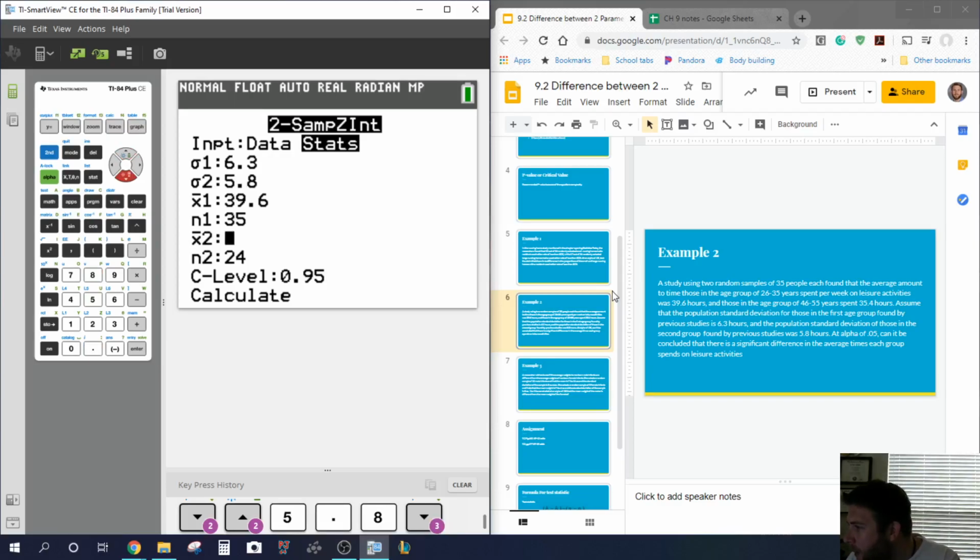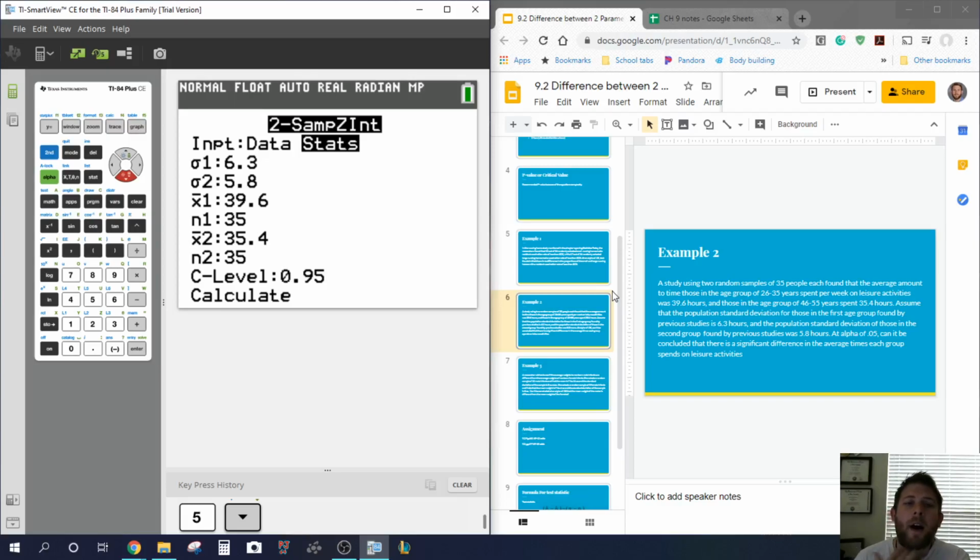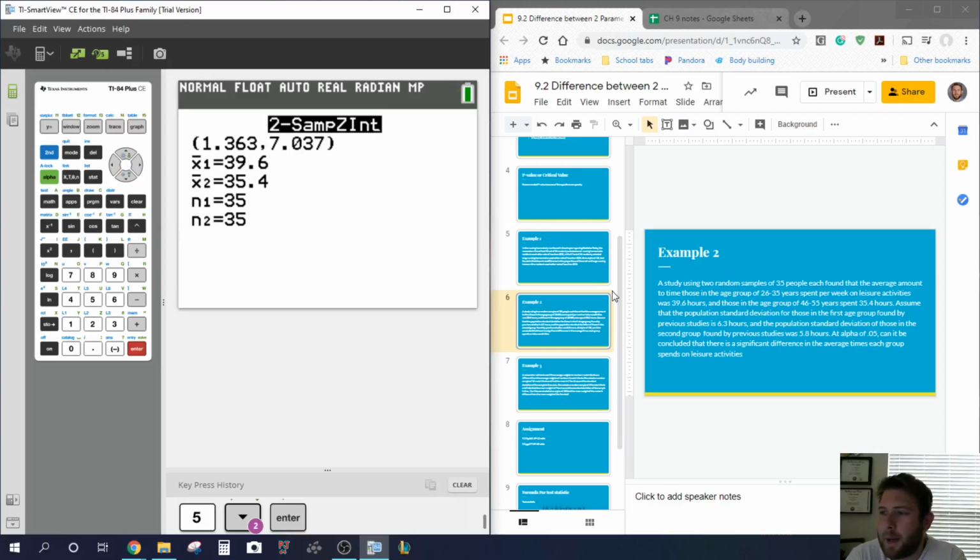The mean hours they spent was 35.4. And the sample size for them was also 35. And then we're doing a 95% confidence interval because alpha and confidence level are complements. So if alpha is 0.05, the confidence level is 0.95. Okay, and there it is.